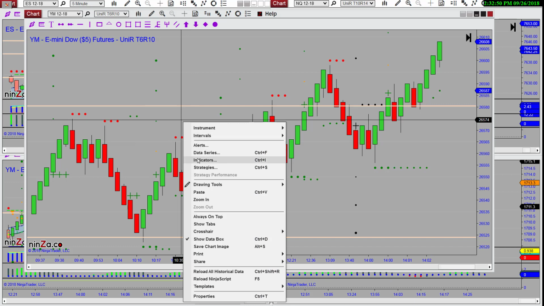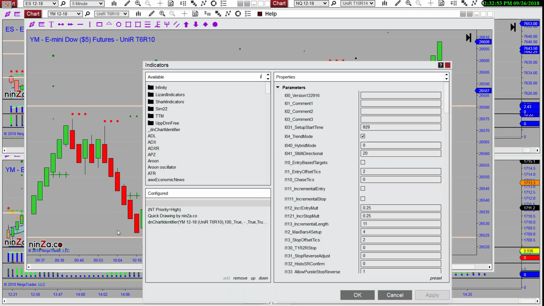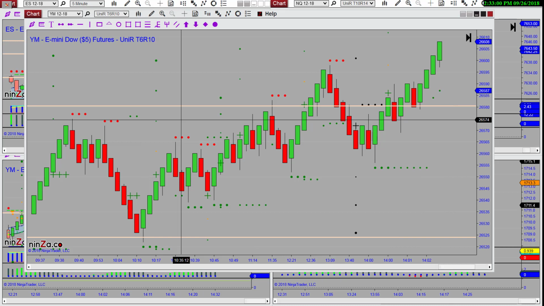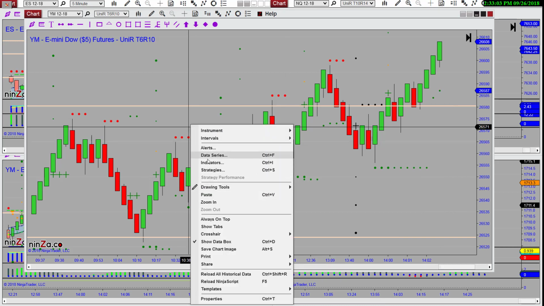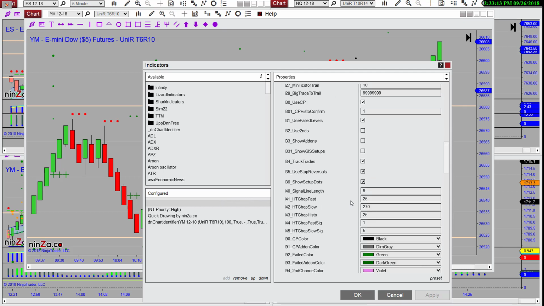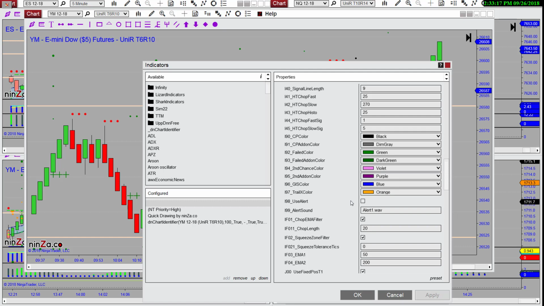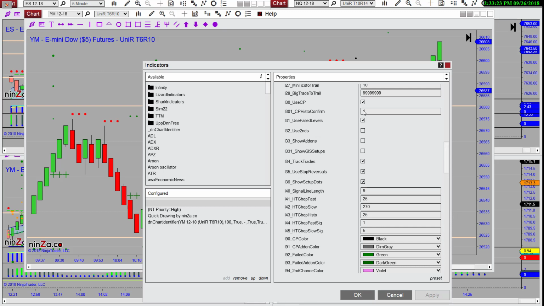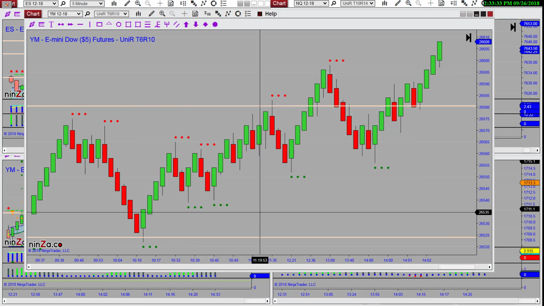Now, oh, I know what I didn't take away. I was trying to start with a clean slate. Okay, so now basically what we have is a clean chart.